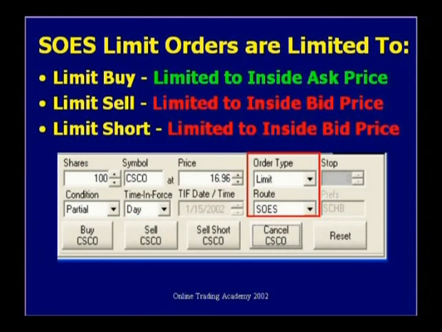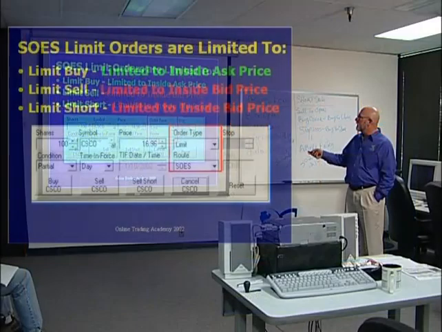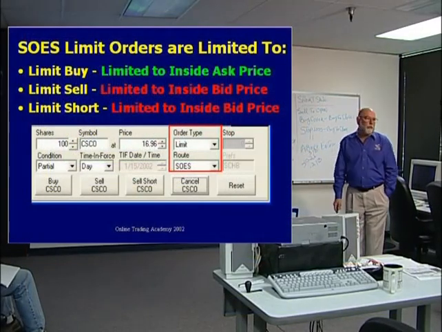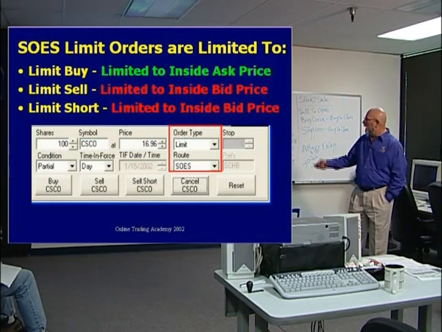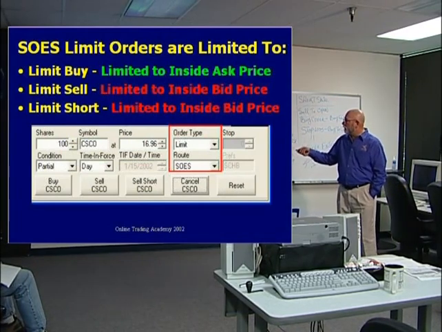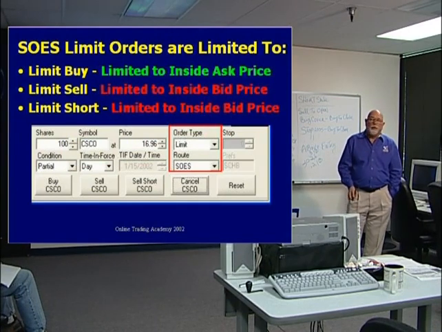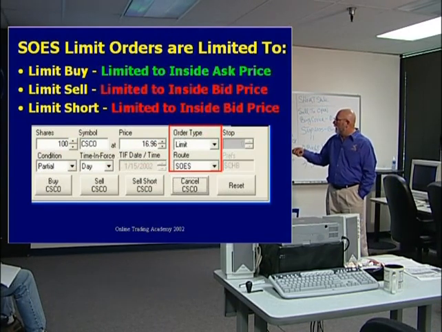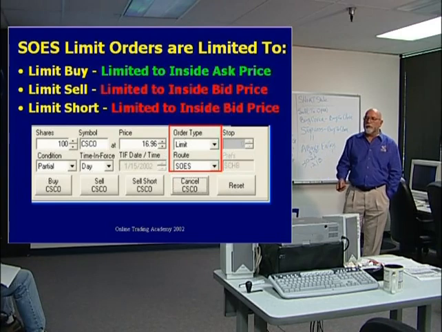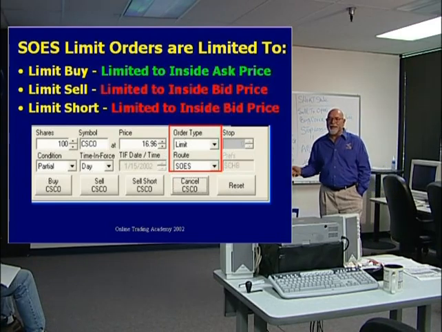Limit orders are limited to the inside ask price on a buy, limited to the inside bid price on a sale, and limited to the inside bid price on a short sale. Okay, and your box would look like this. Now it says limit, SOS, and a price. Okay, now if I hit the buy button, I'll only get filled at $16.96 if that is the inside ask.